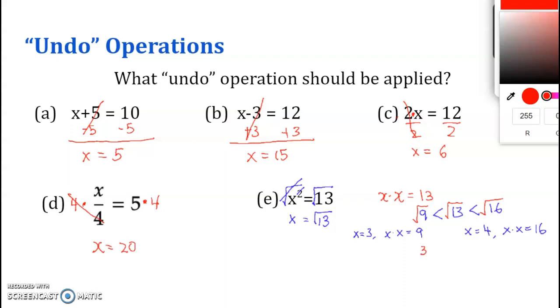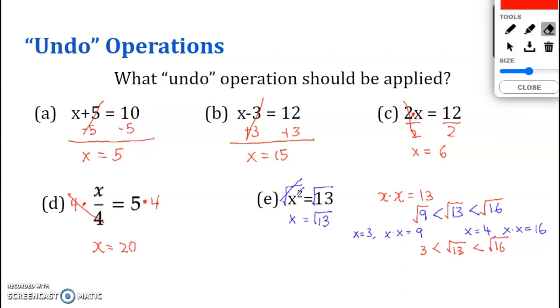So the square root of 13 is some number between 3 and 4, because the square root of 16 is 4, the number that multiplied by itself gives you 16.